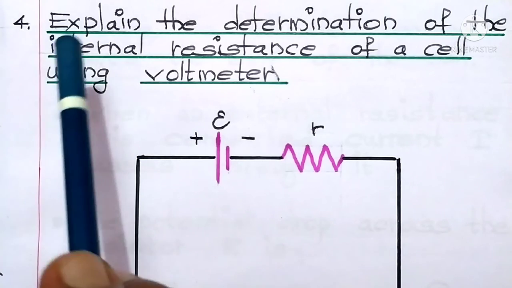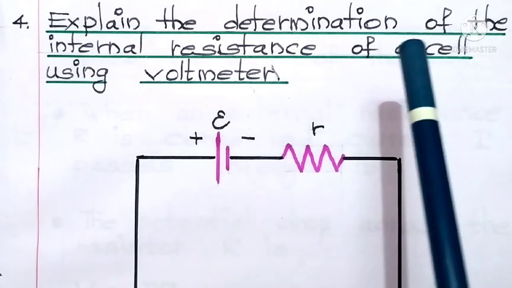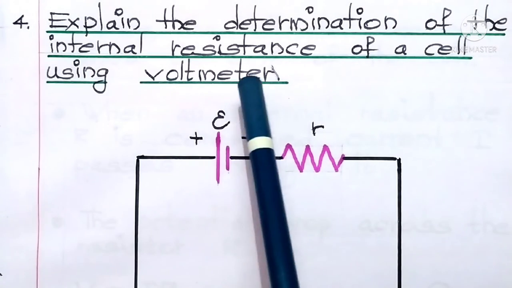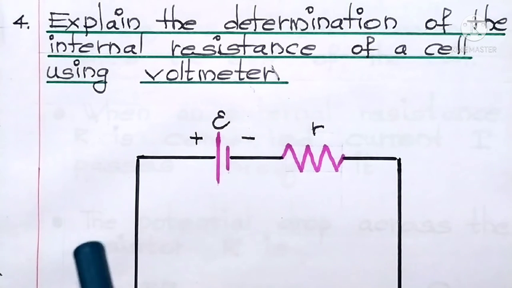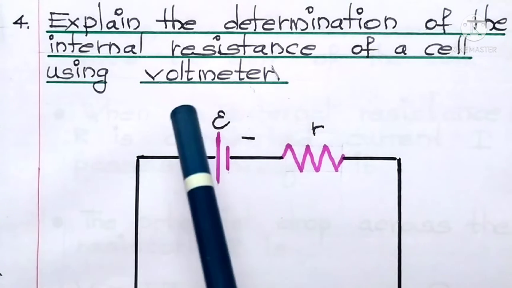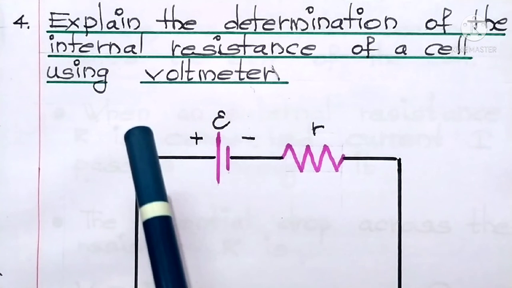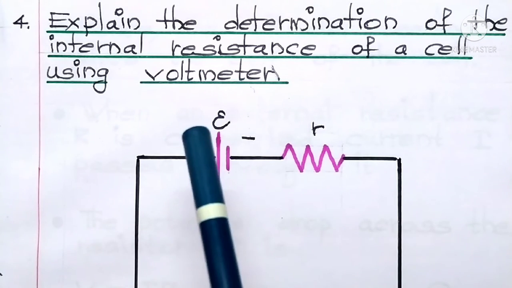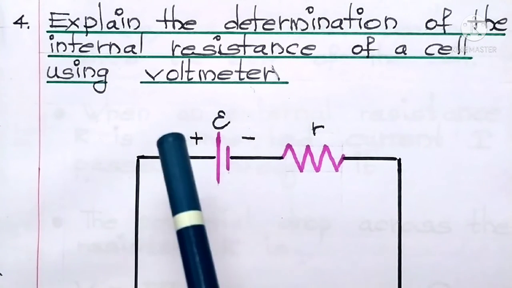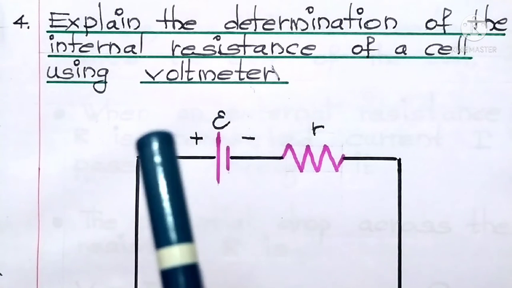Question number 4. Explain the determination of the internal resistance of a cell using voltmeter. Before that, let us learn the differences between EMF and voltage. What is EMF and what is voltage?